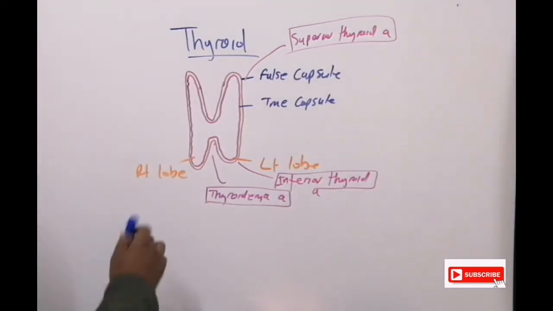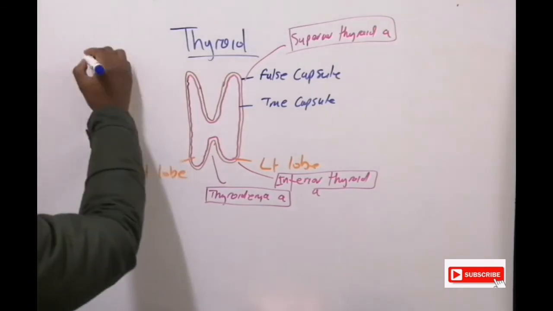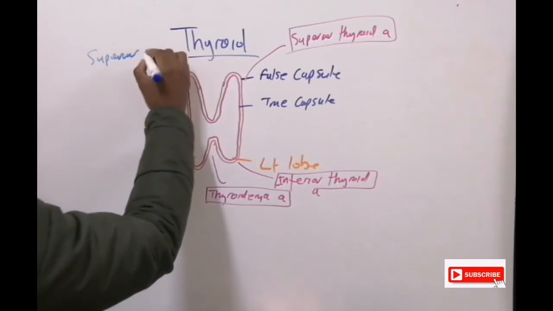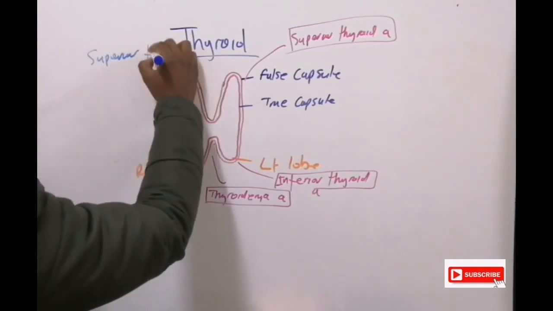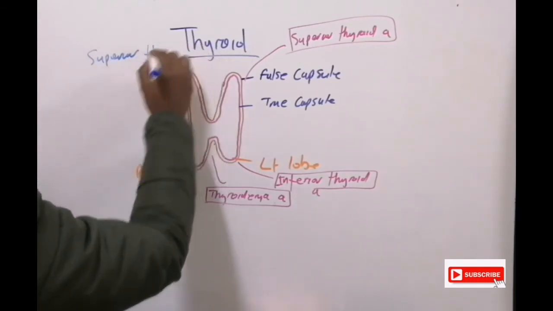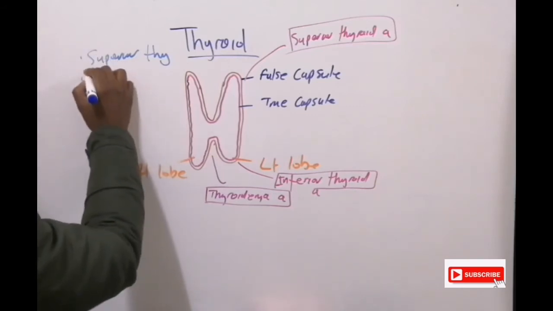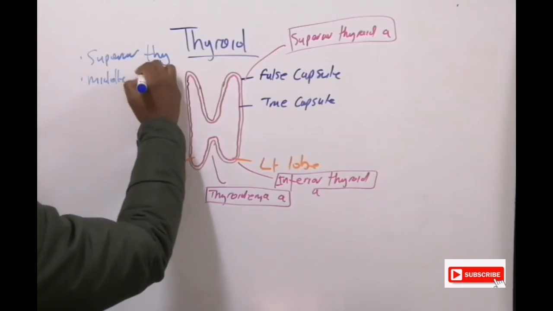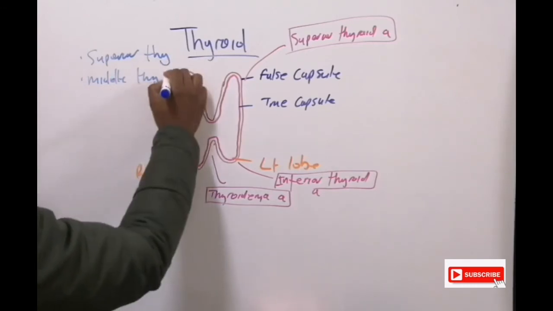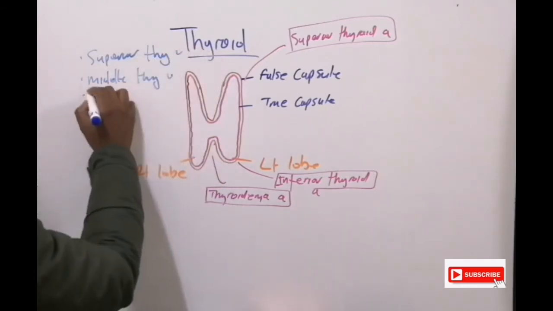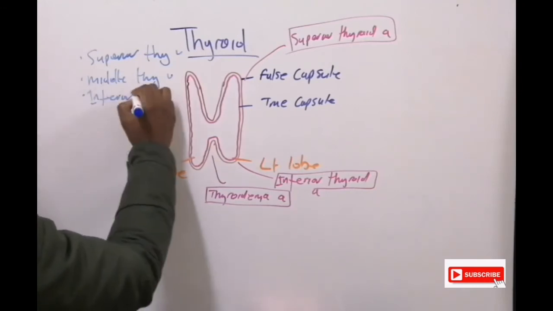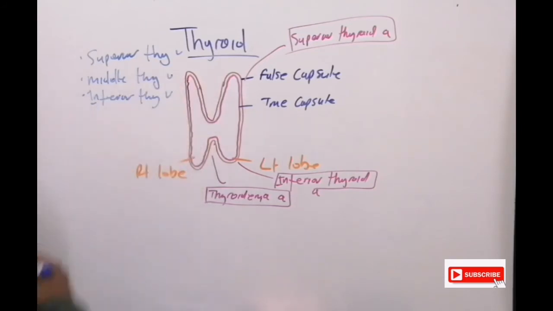Now, the venous drainage is done by three veins. The first is the superior thyroid vein. The second is the middle thyroid vein. The third is the inferior thyroid vein, right?